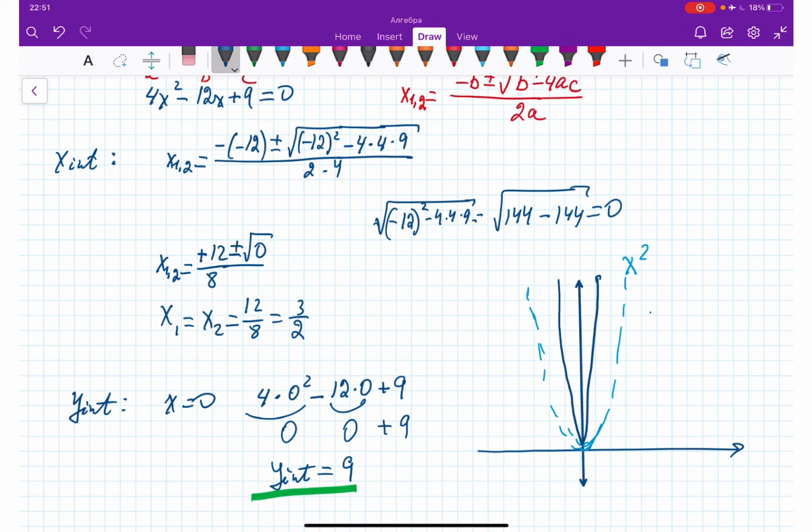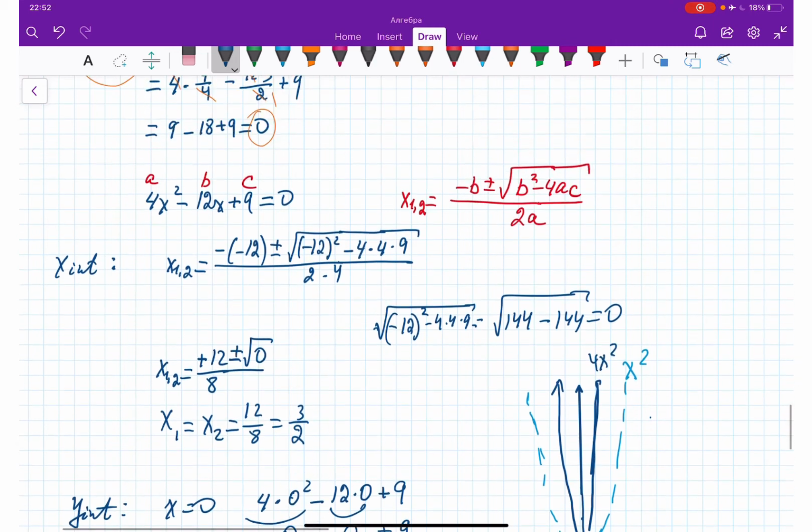Very narrow. All right. Four x squared. All right.